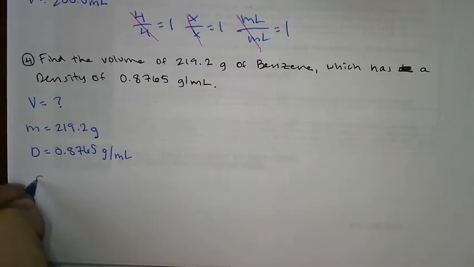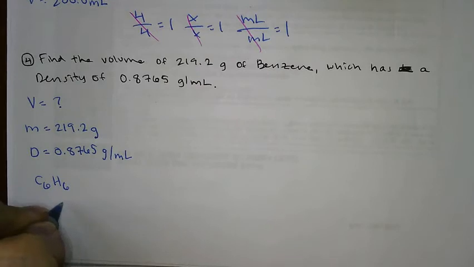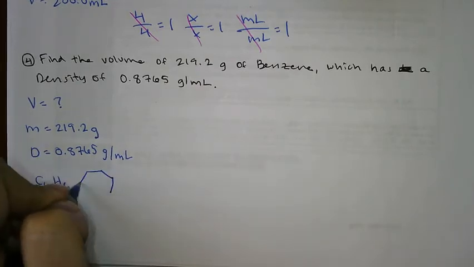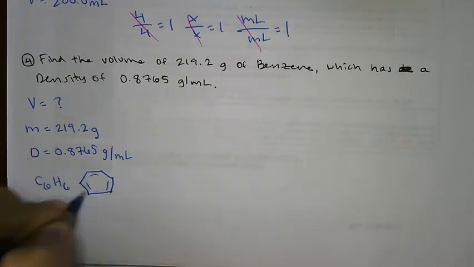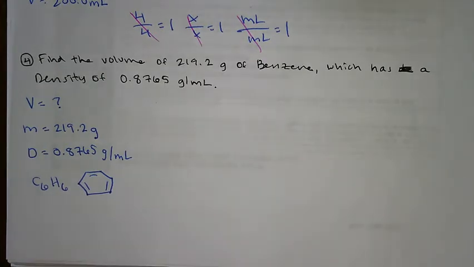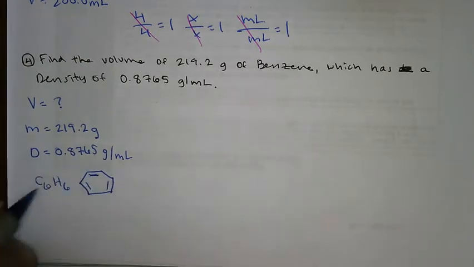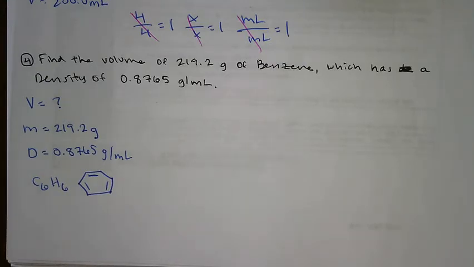Benzene's a really cool molecule. The formula is C6H6. If we were to draw it with the organic shorthand, looks like that. It's a very non-polar organic solvent. They used to use it as a carpet cleaner, and then they realized that it was giving people cancer, so they stopped doing that. Thank goodness. It still has other uses, just not in carpet cleaning.